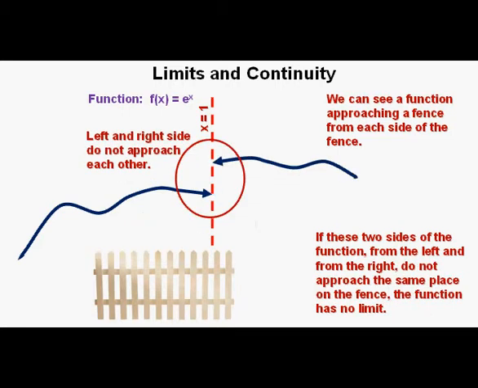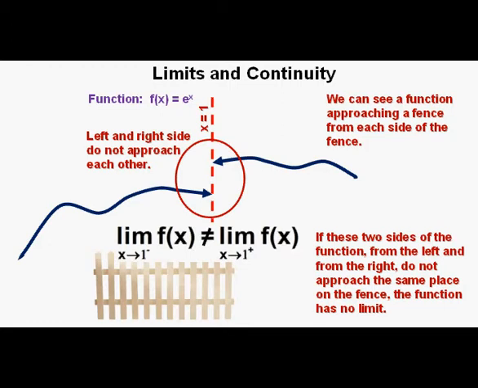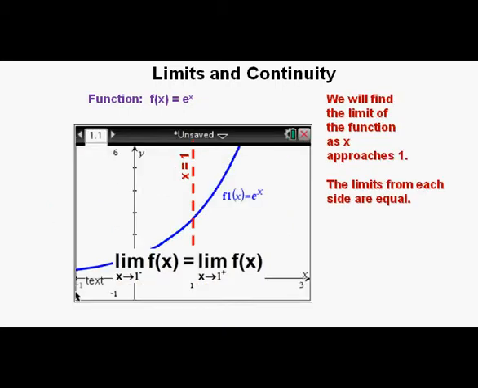If the two sides of the function do not meet up at the fence across from each other, we say that the function has no limit at that input value where that fence is located. In this situation, we say that the limit as x approaches 1 from the left of f(x) does not equal the limit as x approaches 1 from the right side of f(x). So we say in this notation that this function does not have a limit where the x value is 1.